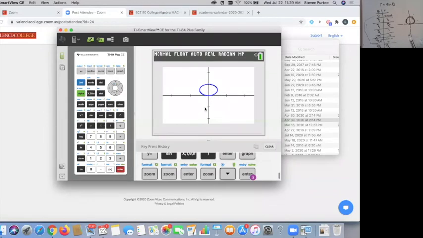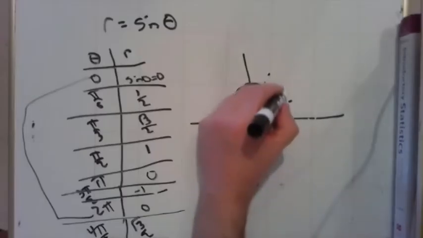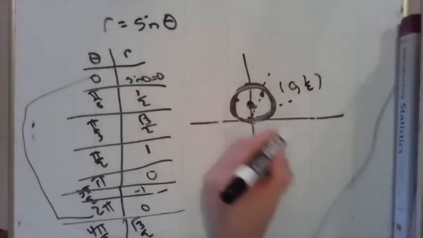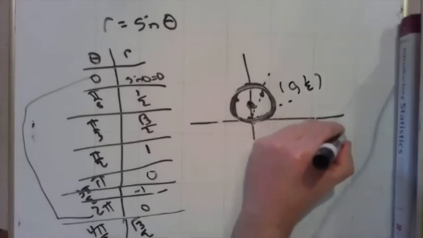That's just your calculator. So that's a circle of radius 1/2. The total diameter is 1. So the radius is 1/2, and it's centered right here at the point 0, 1/2. So that point right there is the point 0, 1/2, and my radius is 1/2.